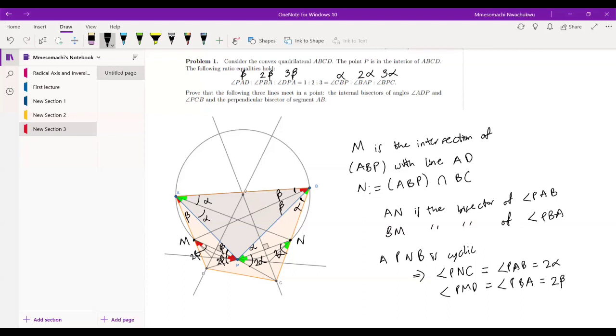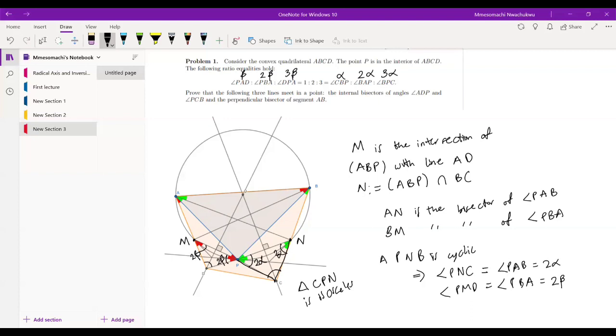Now we want to talk about the angle bisectors. That's the angle bisector here and the angle bisector here. Now I'll erase some angles that we've already used and we won't use again. So let's just have what we want now. Looking at this triangle, we have that triangle CPN is isosceles.